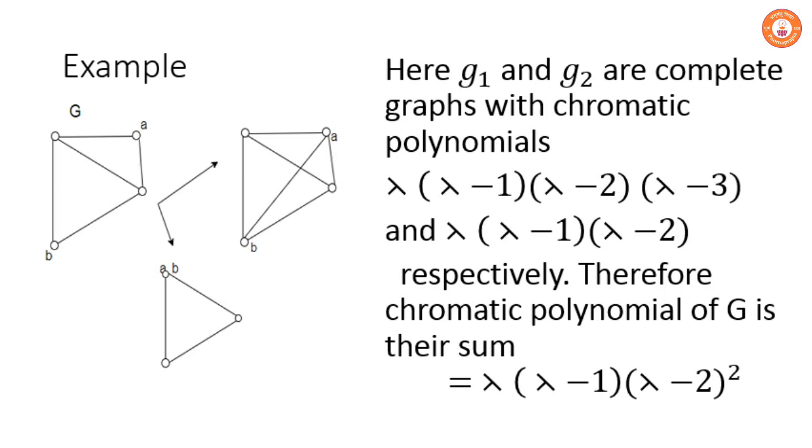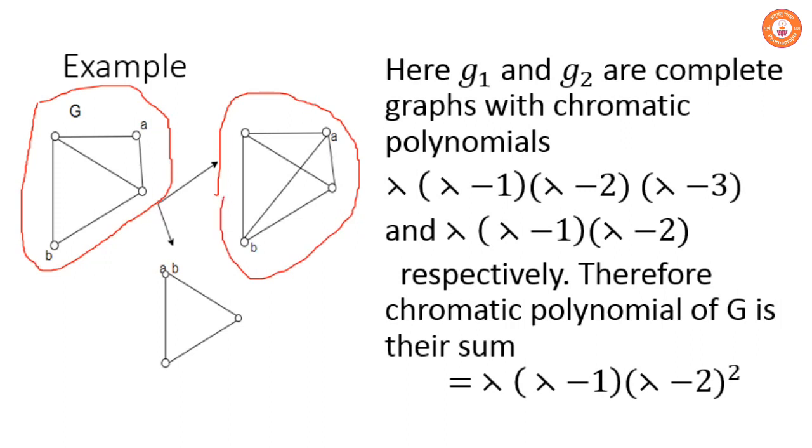We will see the example here. We have chosen a graph on 4 vertices and we observe A and B are the only two vertices which are not adjacent. So we can construct two more graphs. G1 by drawing an edge between A and B. G2 by fusing vertices A and B. We observe that G1 is a complete graph, G2 is also a complete graph.